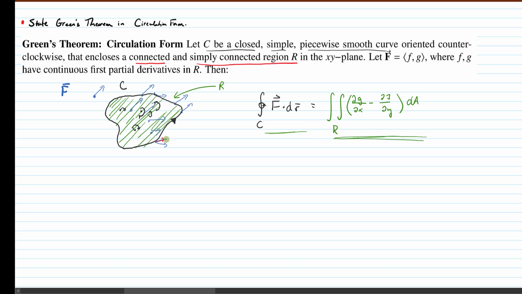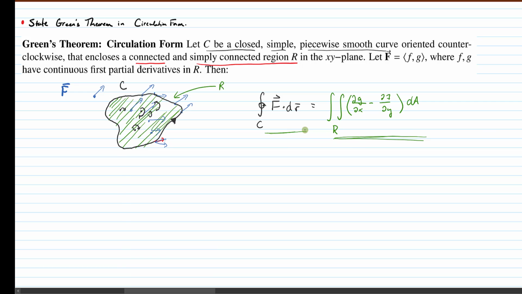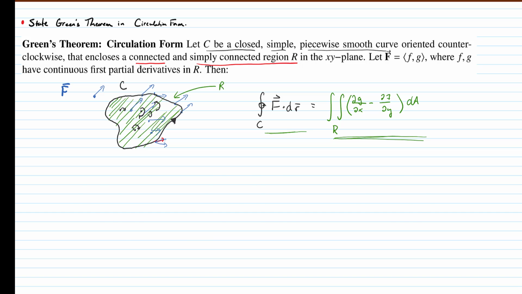We add up all of those little segments. That is equivalent to adding up the curl on the interior. So there's our statement of Green's theorem.